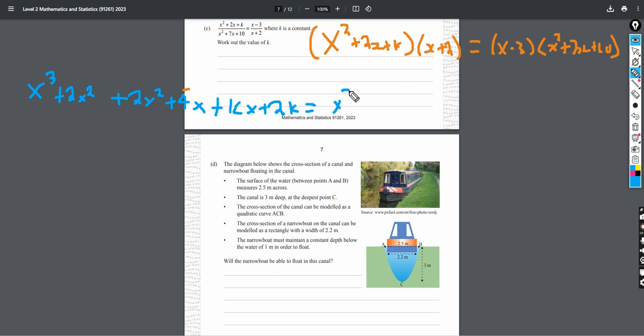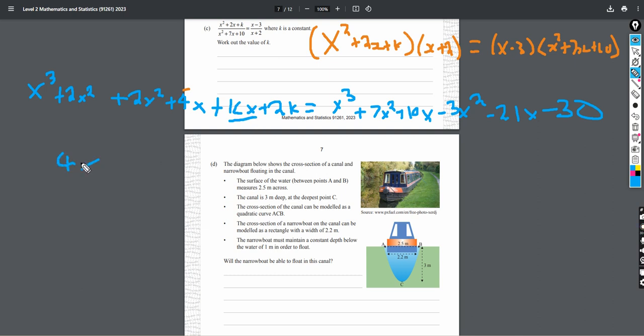And if we expand all this, we're going to get x cubed plus 7x squared plus 10x minus 3x squared minus 21x minus 30. And now we've got a kx here.